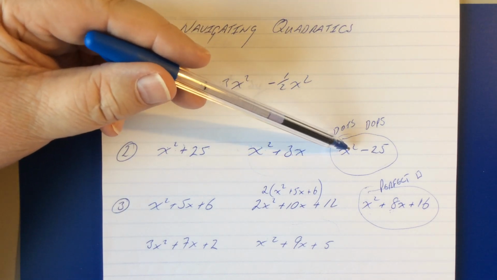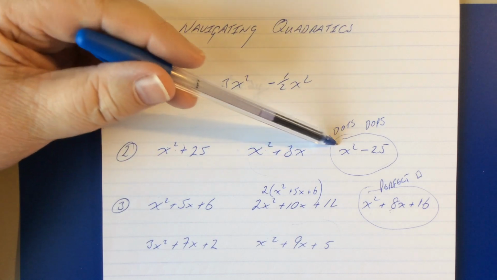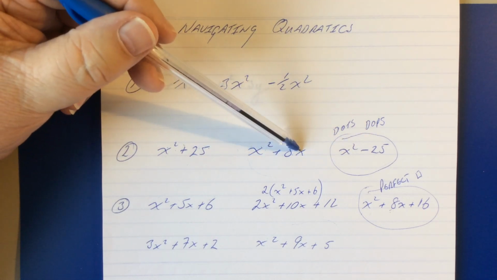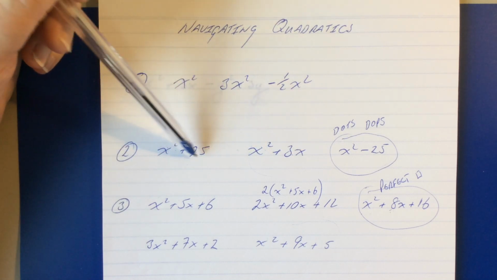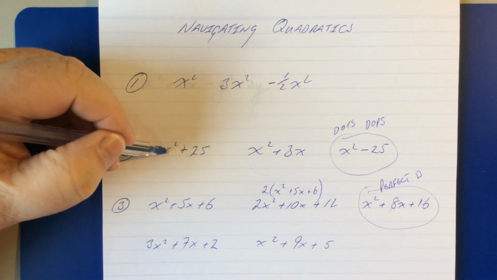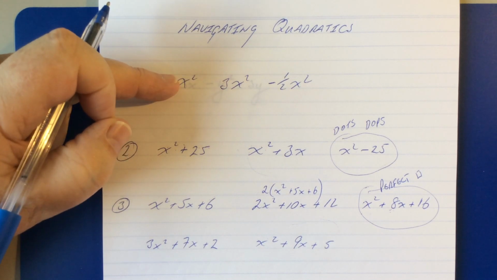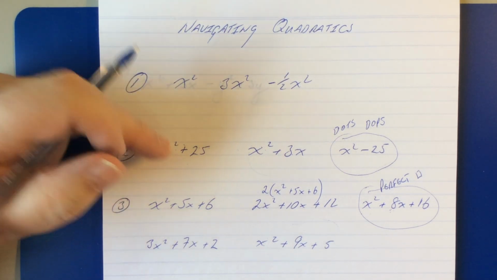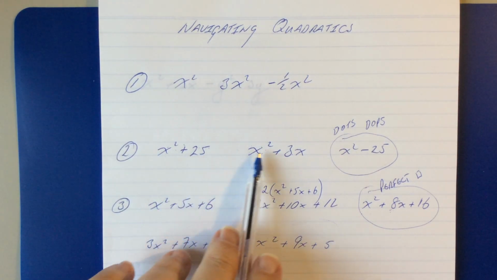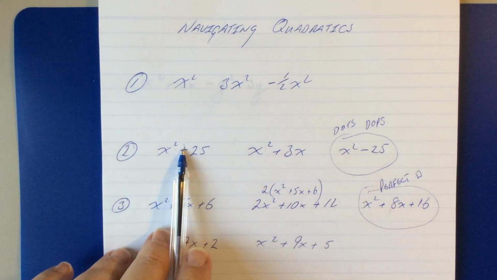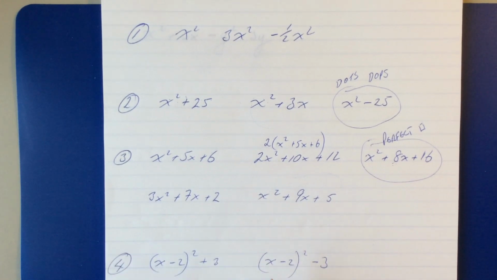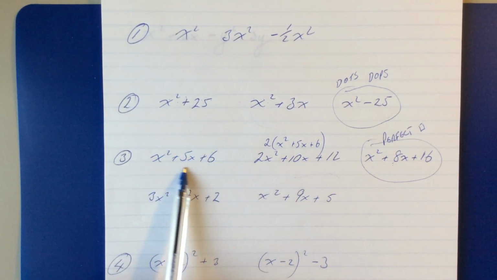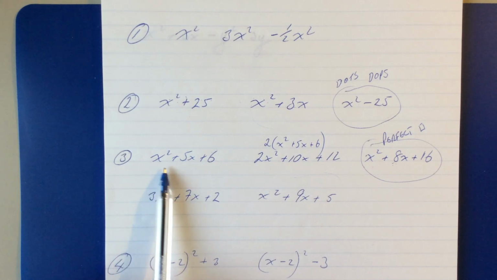Then we have quadratics that come to us in 2 parts, difference of 2 squares, one where there's a common factor, one where x squared has simply been translated up 25 points on the y-axis. And I hope that you can see the differences there. Now, here, perfect square, pretty standard quadratic trinomial.